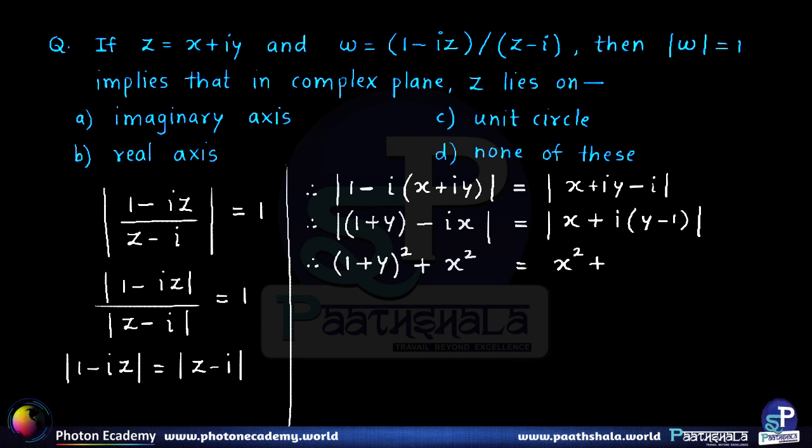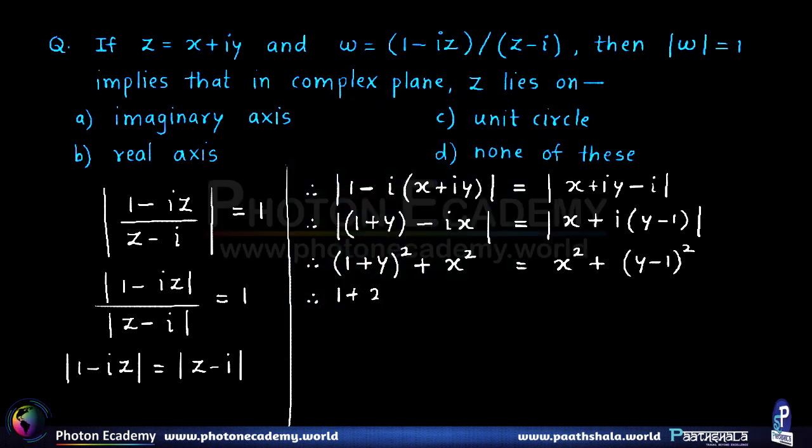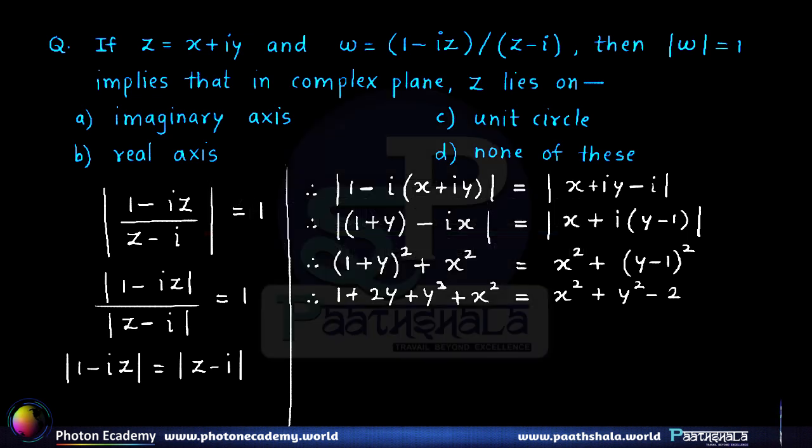So here we have x square plus (y minus 1) the whole square. So therefore here we have 1 plus 2y plus y square plus x square is equal to, on the right hand side, x square plus y square minus 2y plus 1.